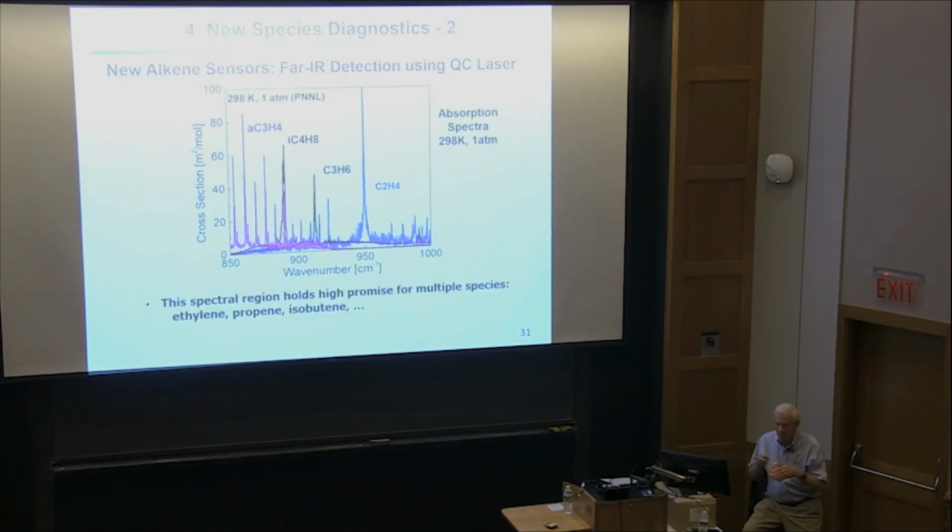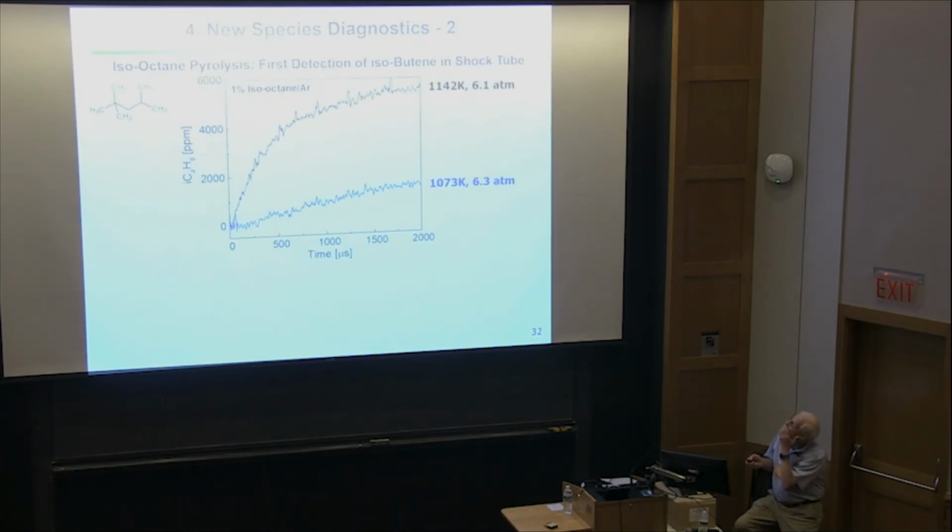And what happens when you go up in temperature, the spectra get more complicated. There's a lot more lines. And so kinetics requires spectroscopy, and spectroscopy requires the shock tube. So we did isooctane pyrolysis, detecting isobutene. So you do spectroscopy, validate the spectroscopy, do some kinetics.